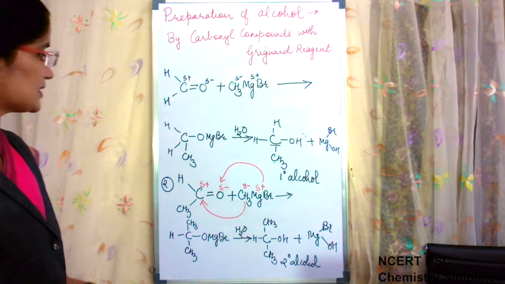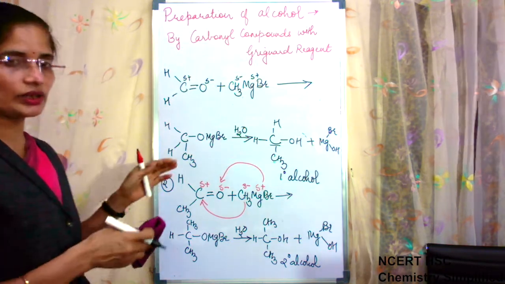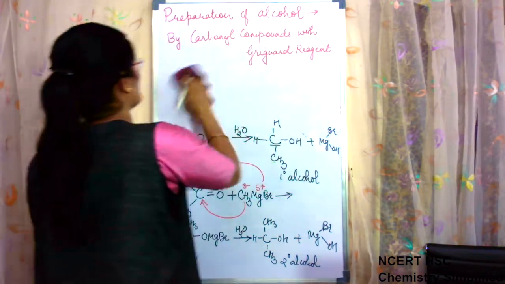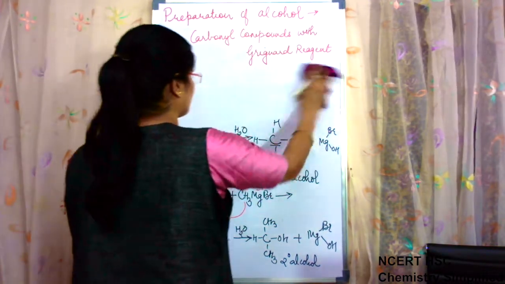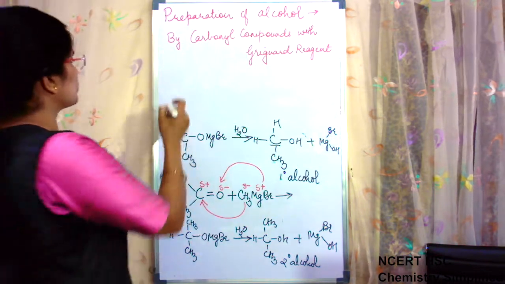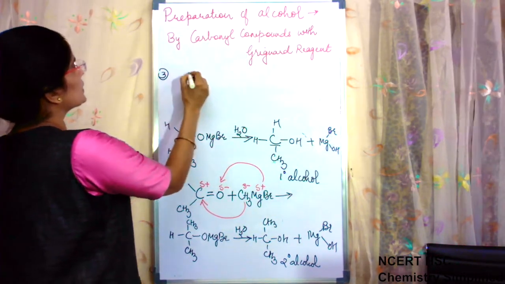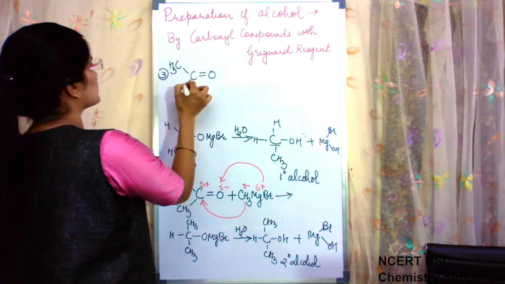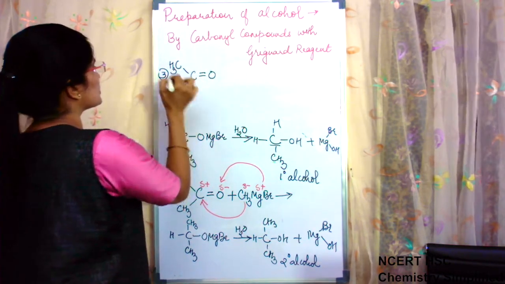Now let us see what happens if we use a ketone molecule. In the third reaction we are using a ketone, that is C double bond O, CH3, CH3.